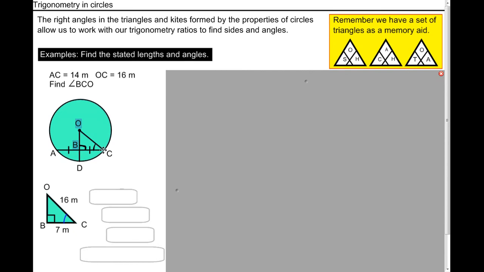BC, that's half of this line AC here, so I've halved 14 to get 7. And I'm trying to find this angle in here, which I'm going to label x.